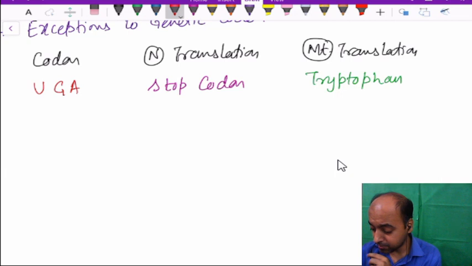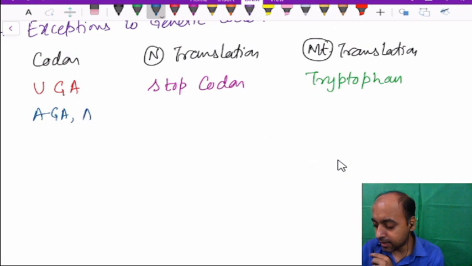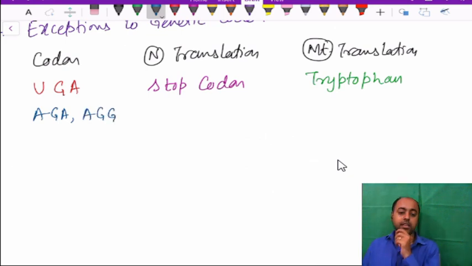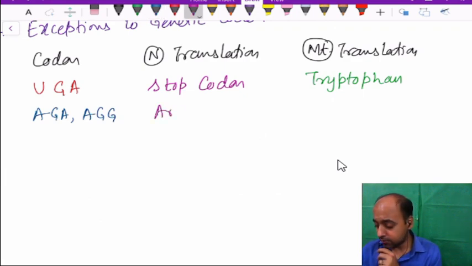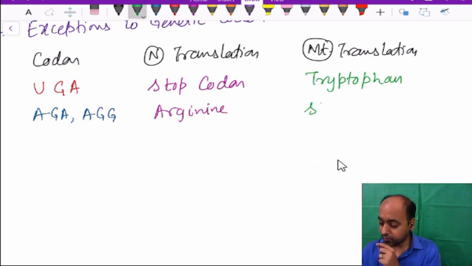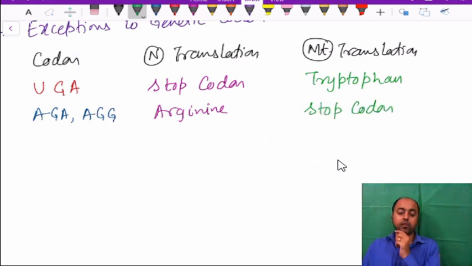At the same time, AGA and AGG, which normally code for arginine, in the mitochondria work as stop codons.